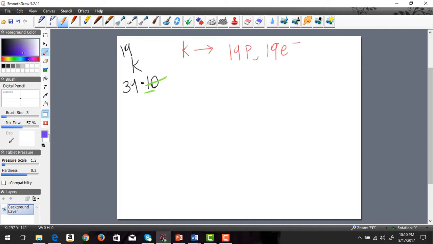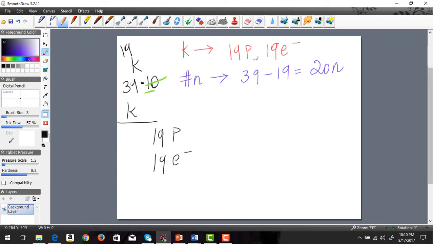So the number of neutrons would be 39 minus 19, which leaves you with 20 neutrons. So if you summarize everything, for potassium we should have 19 protons, 19 electrons, and 20 neutrons.